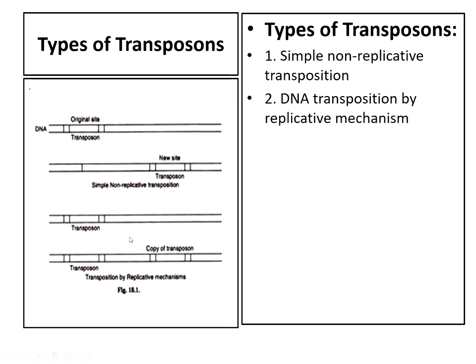In the diagram you can observe the transposon, and a new copy is formed by the process of replication. In the genome, the new copy and the old copy stay along with each other.